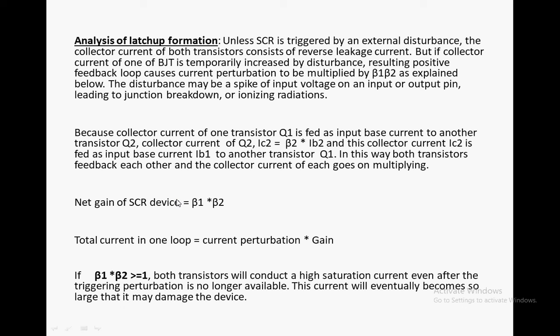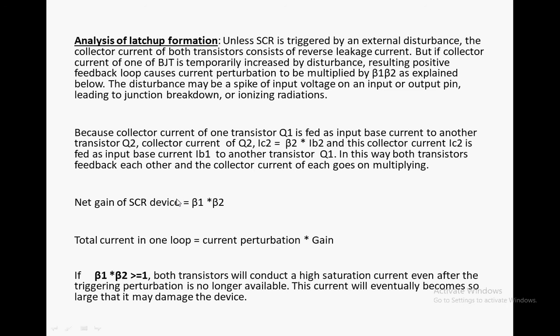In this way, both transistors feed back each other and the collector current of each goes on multiplying. The net gain of the SCR device, as all of you know, is beta 1 into beta 2, right? The total current in one loop is equal to the current perturbation times the gain.